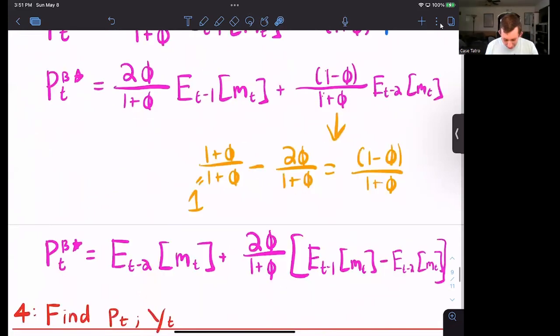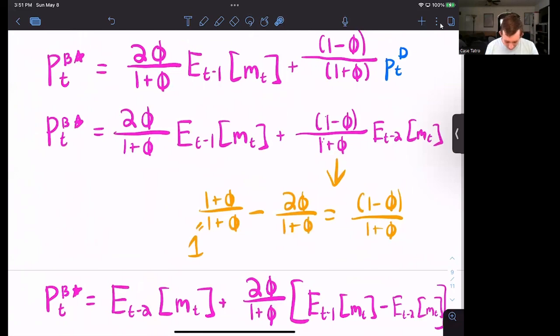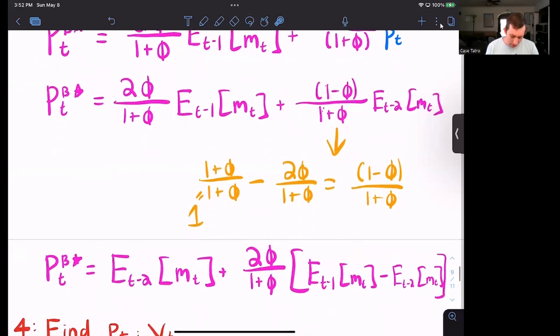All right, I'm going to go ahead and split this up, because this looks kind of weird. I really would just like one fraction. I know that 1 minus phi over 1 plus phi is just 1 minus 2 phi over 1 plus phi. So I can plug this in like this, and then I get E_{t-2} of M_t plus all this stuff. Now I have the optimal price for Bill.